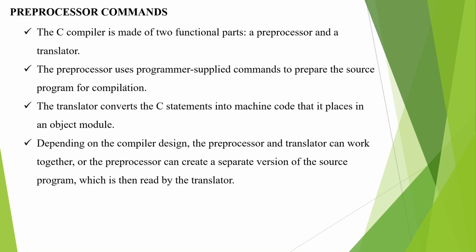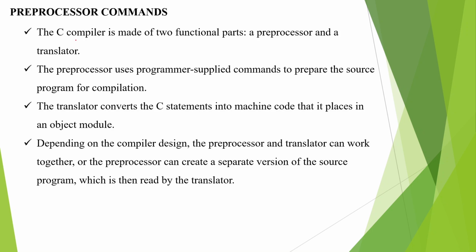So, the preprocessor commands. See, at the time when we discussed the topic of creating and running C programs, writing and editing C programs, we saw one particular section where we talk about the C compiler.